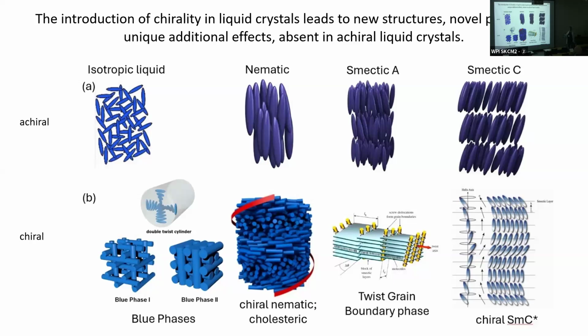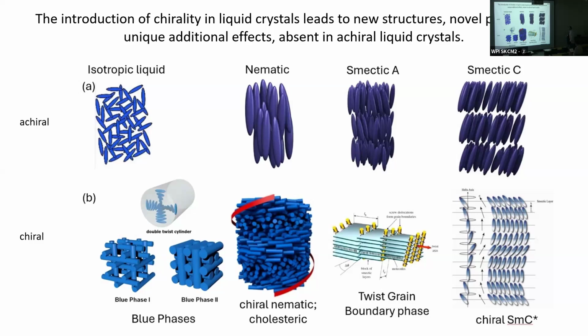But there is an analogy to solid state physics. And we can have smectic C, we make that chiral, we get to the chiral smectic C phase, and that forms a helical superstructure as well, and is ferroelectric.